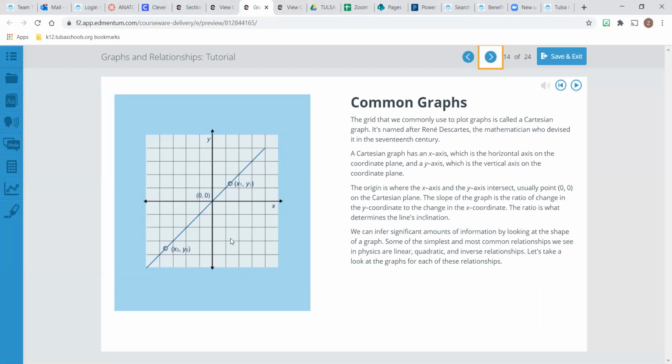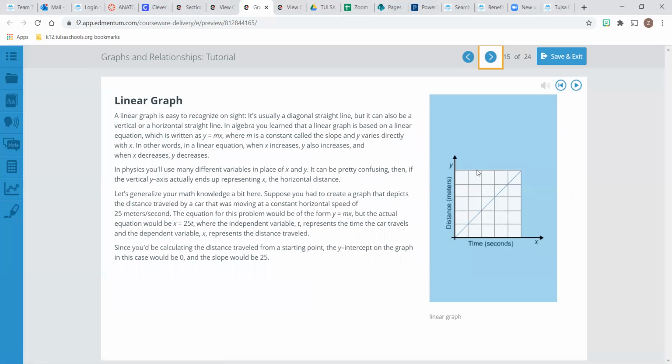If it's a different type of relationship, things get a little more complicated. So linear graph, like we said, super easy. It's just a straight line because as something increases, another thing increases at the same rate. So y equals the slope times x.